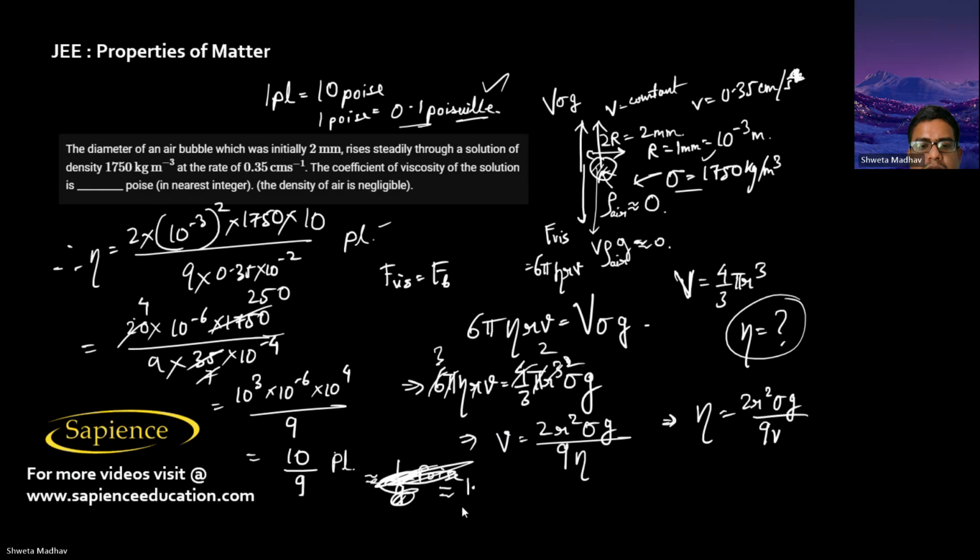So today, in power 7 minus 6, so 10 by 9 Poisson. Now, 1 Poise is equal to actually 10 Poisson. 1 Poise is 10 Poisson.